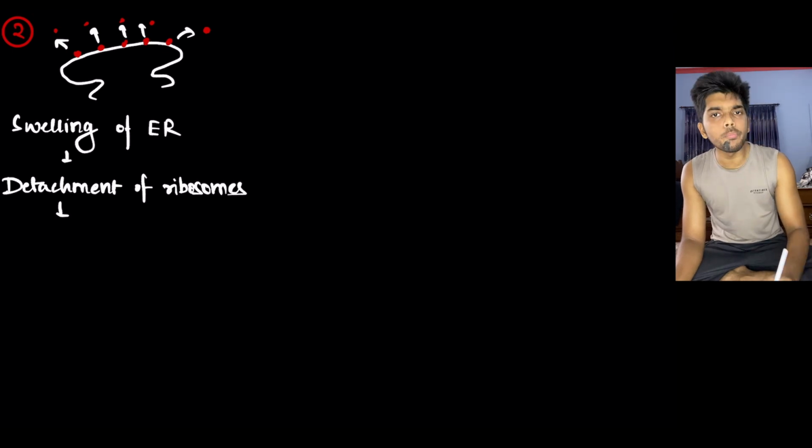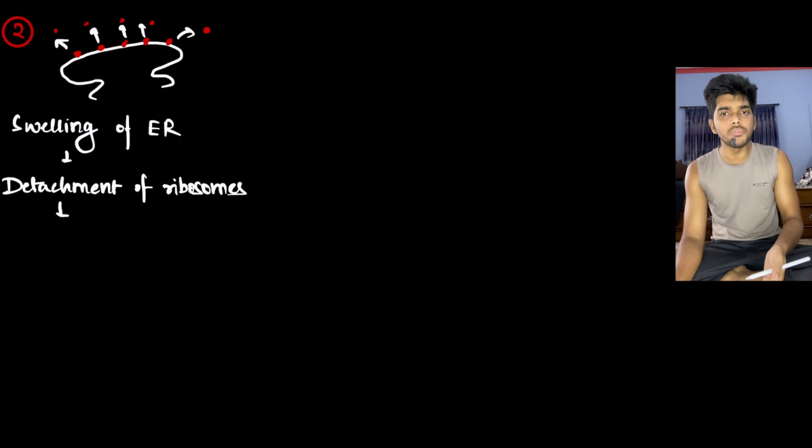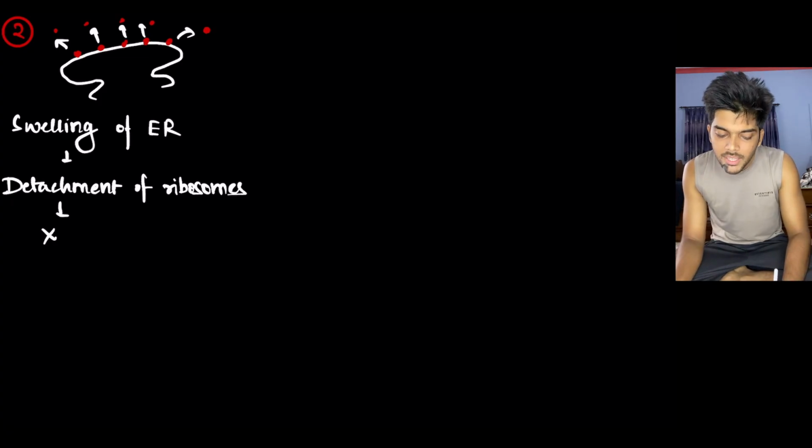Detachment of ribosomes takes place. Ribosomes are responsible for protein synthesis, but now since the ribosomes have detached off the endoplasmic reticulum, protein synthesis does not take place. That means synthesis of apoprotein does not take place.